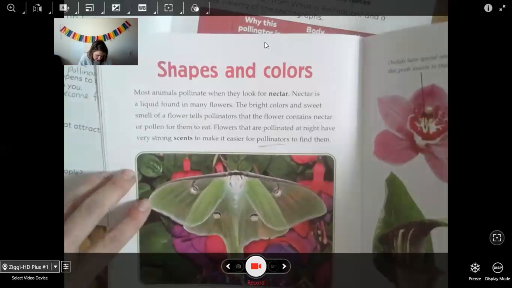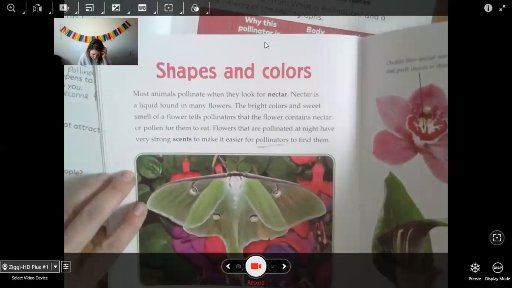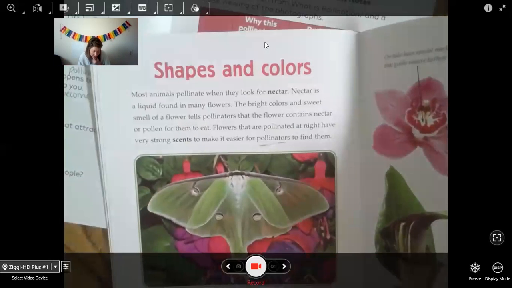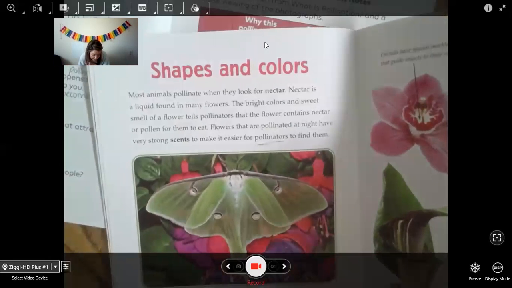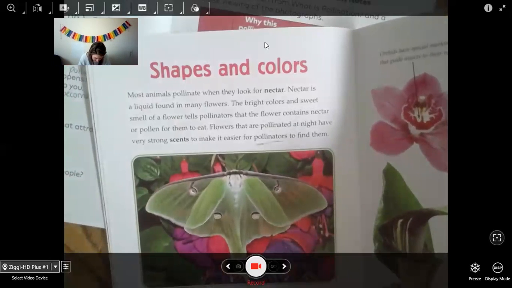Nectar is a liquid found in many flowers. The bright colors and sweet smell of a flower tells pollinators that the flowers contain nectar or pollen for them to eat. Flowers that are pollinated at night have very strong scents to make it easier for pollinators to find them.